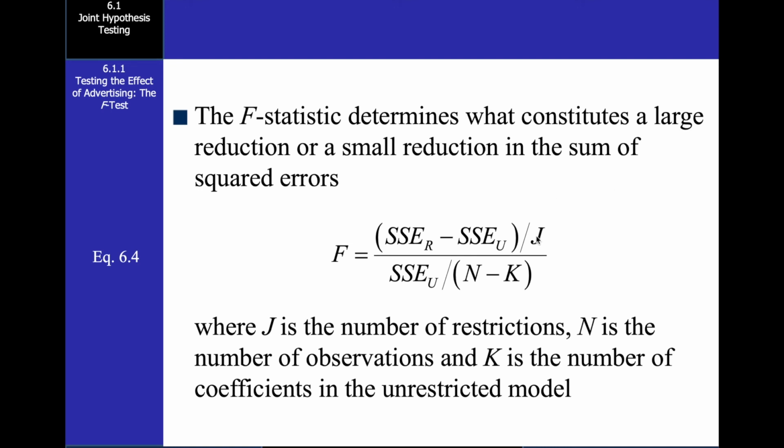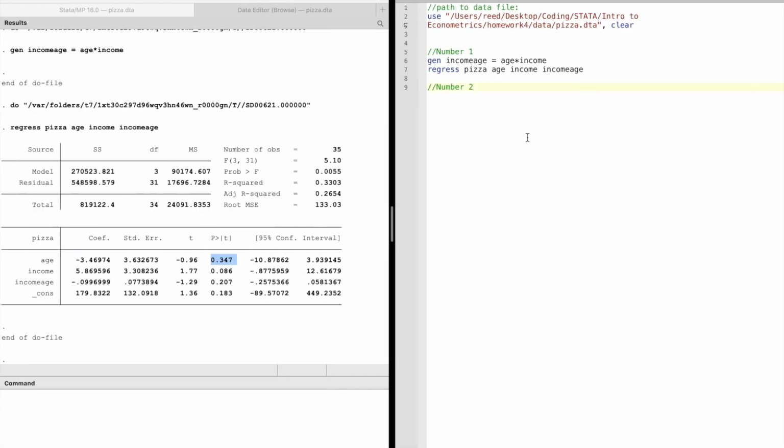This J here is going to be the number of restrictions, N the number of observations, and K the number of coefficients in the unrestricted model. So if we plug all these numbers in, we'll get our F statistic. So first, let's start with our restricted model. So up here we have our unrestricted model. If we have B2 and B4 equal to 0, then we get the model pizza and income.